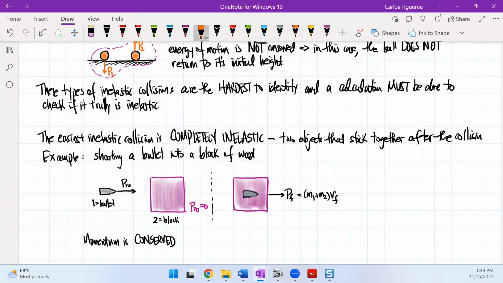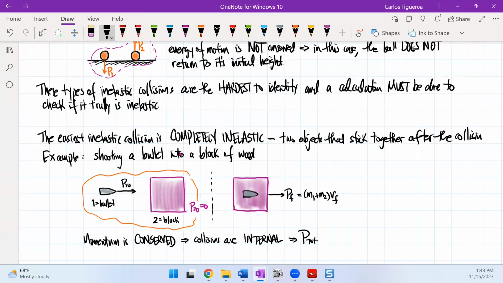And the question is why? Because look at the system. When you look at the system, it's conserved because the collision forces are internal. Therefore, the total momentum of the system is still a constant.